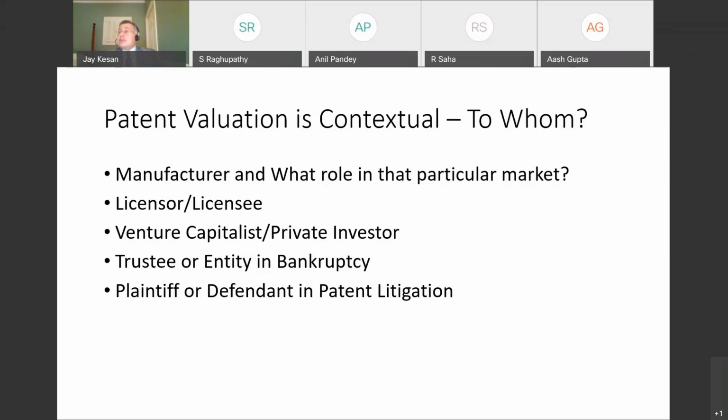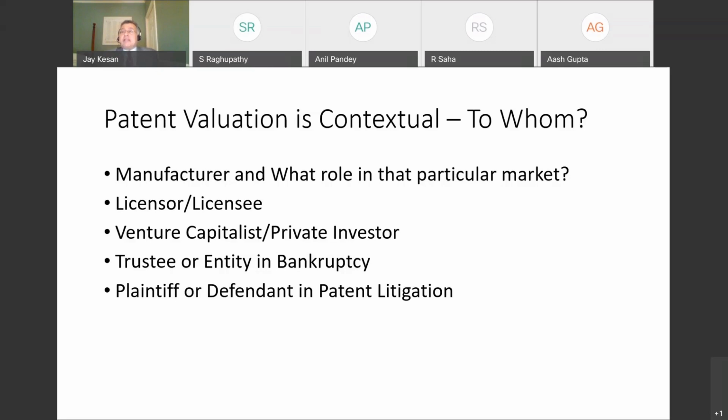You might also have a situation where your patents are being infringed by somebody, and it is in the context of a litigation. The plaintiff sues the defendant for patent infringement, and in that case, if infringement is established, then patent valuation takes the form of damages, and the damages that the defendant may owe to the plaintiff might be lost profits. It might be the lost profits that the plaintiff would have perhaps received if there was no infringement.